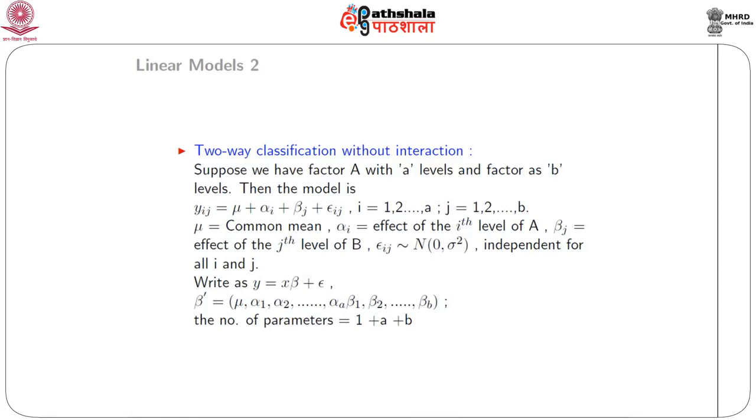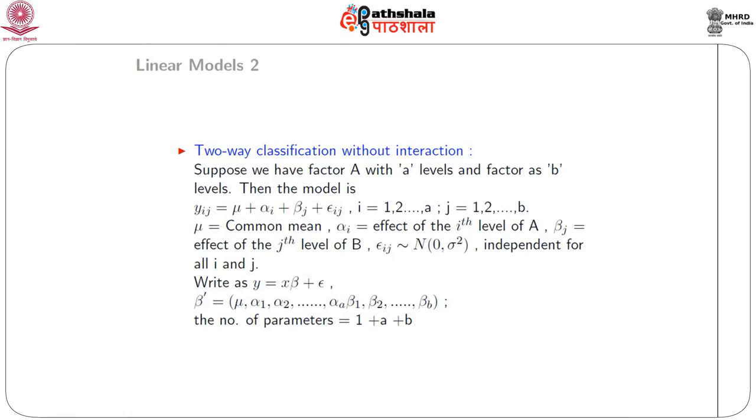So, let us first start by writing down the model for the case of two-way classification without interaction. Let us call the factors A and B and also assume that the number of levels of capital A is denoted by little a and the number of levels of factor capital B is denoted by small b.